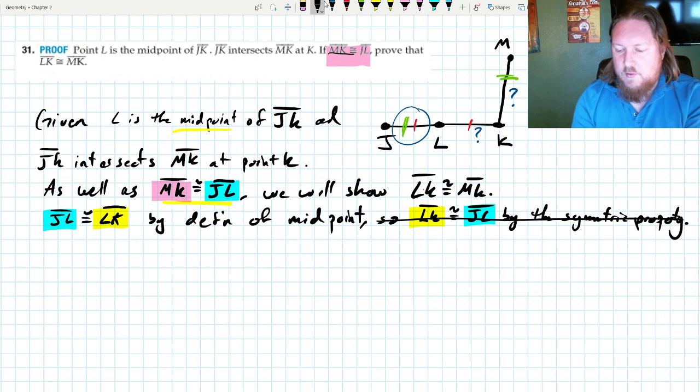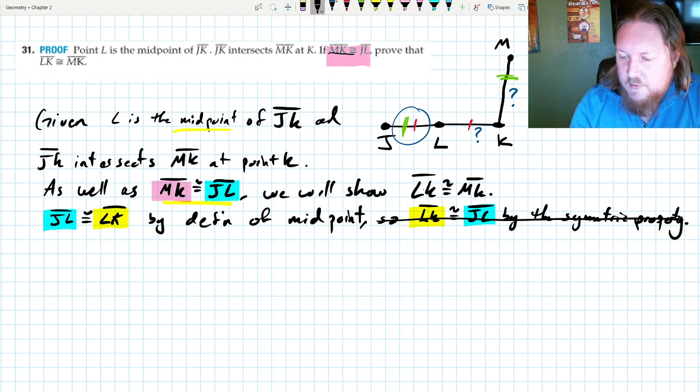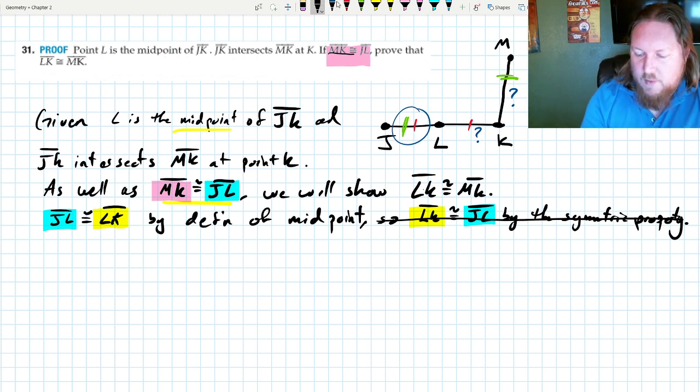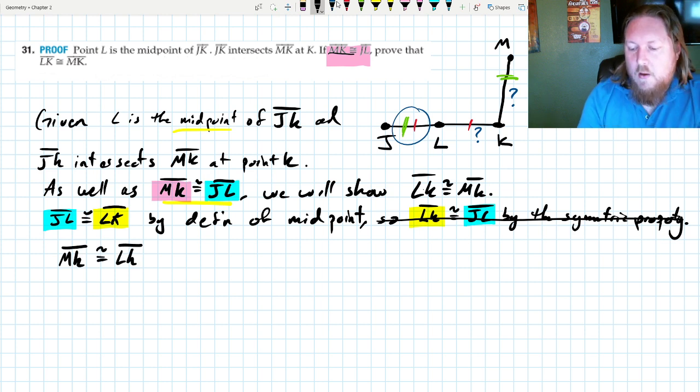I have two segments, MK and LK, congruent to the same segment, JL. So I'm able to use the transitive property. MK is congruent to LK. Now I've used the transitive property.